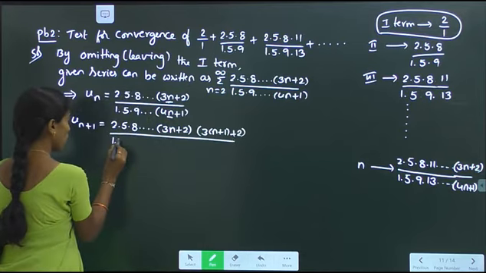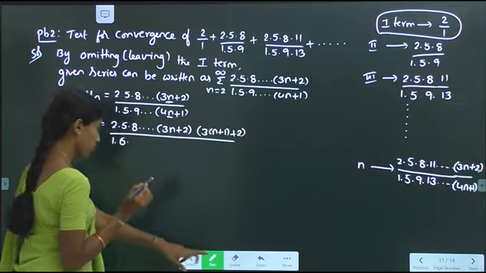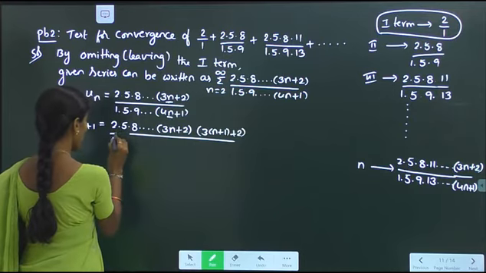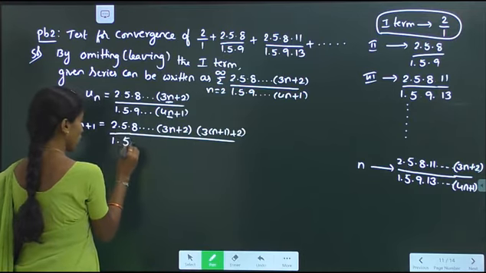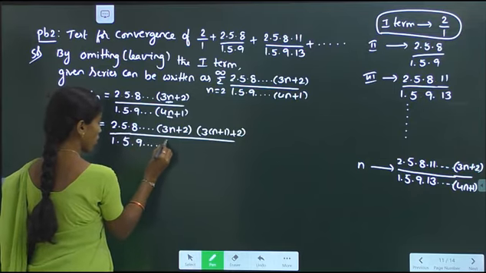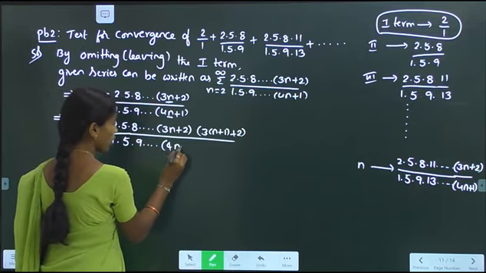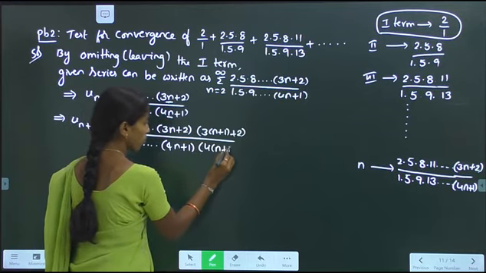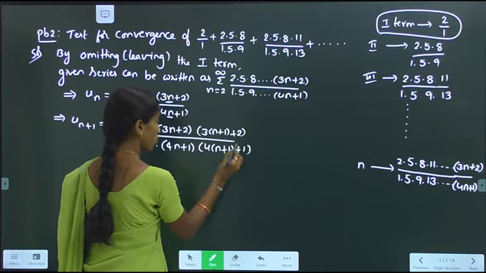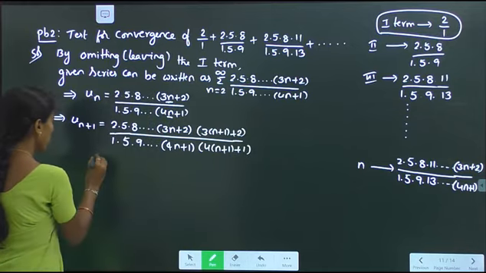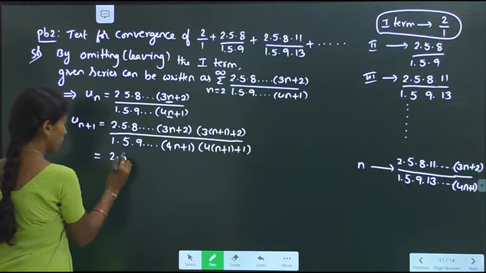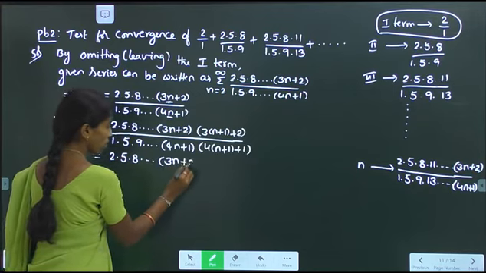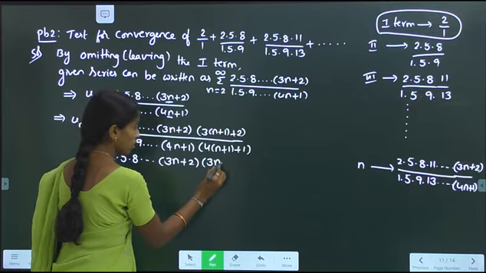It is same. One more term here we add 3 into n plus 1 plus 2 by 1 into 5 into 9 and so on. 4n plus 1 into one more term here we need to add. To get the term, put n is equal to n plus 1, right? So by simplifying it, n plus 5.